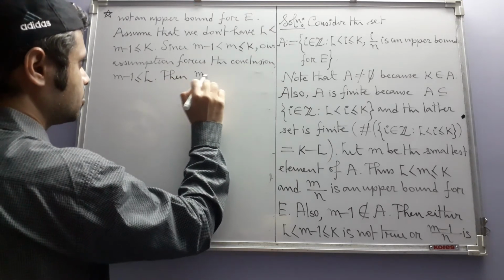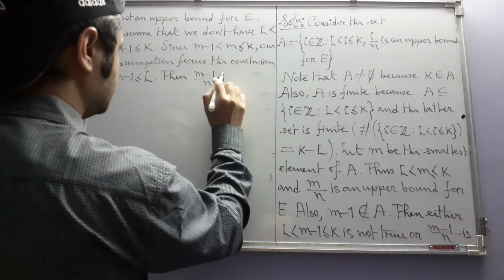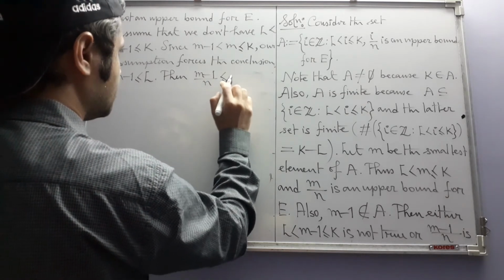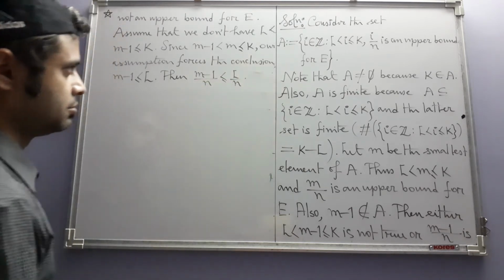Then M minus 1 divided by N is less than or equal to L divided by N.